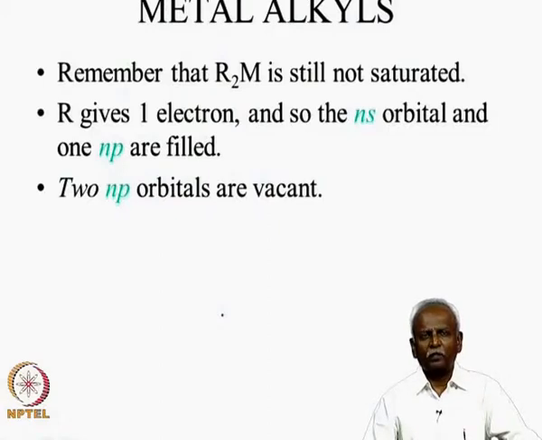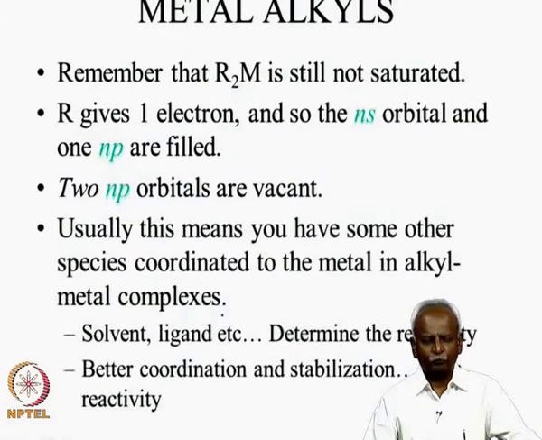So, you will only have a total of 4 electrons and 2 p orbitals or 2 NP orbitals will be vacant.